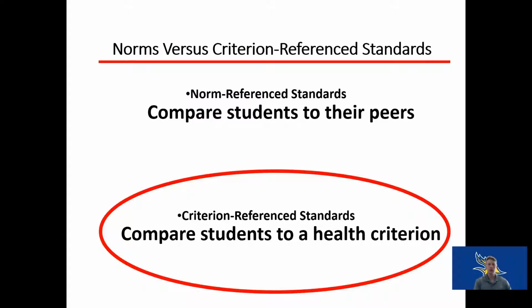One student can be 12 years old and seem like they're 10, and another can be 12 years old and seem like they're 14 biologically. So by setting these criteria, we know that they are healthy based on larger data of what is really necessary to be healthy at those age groups.